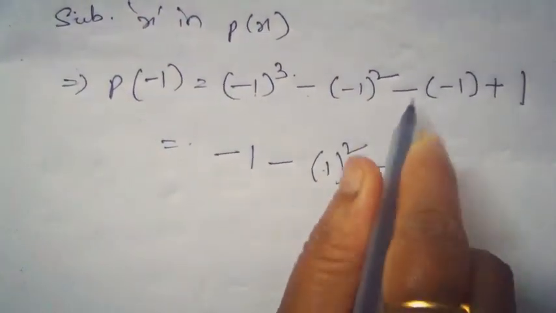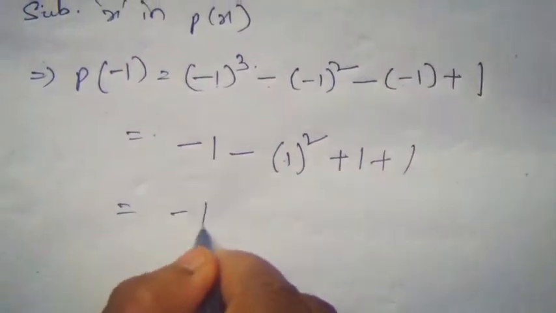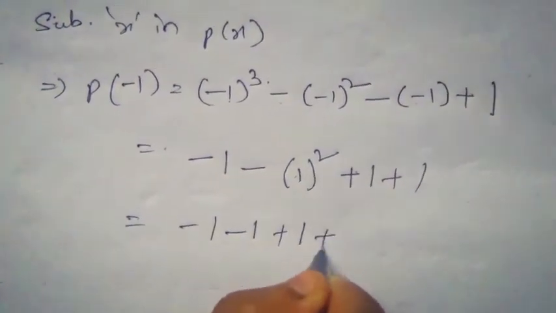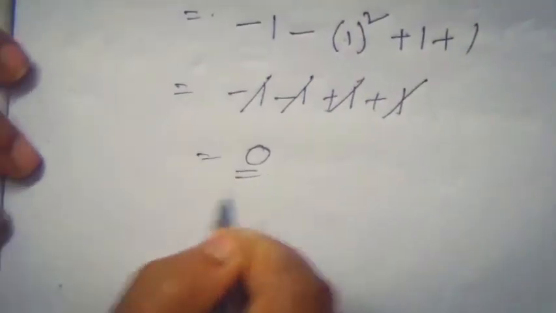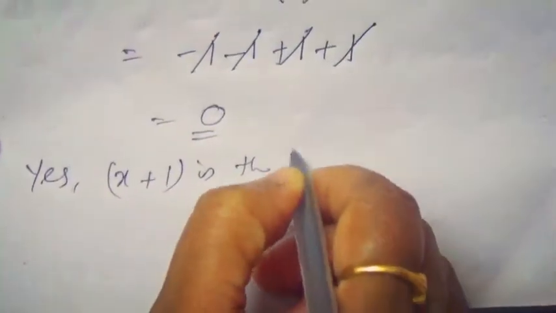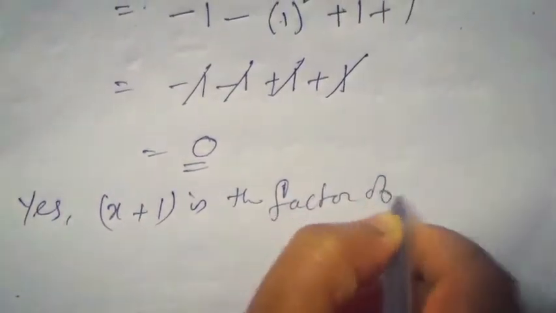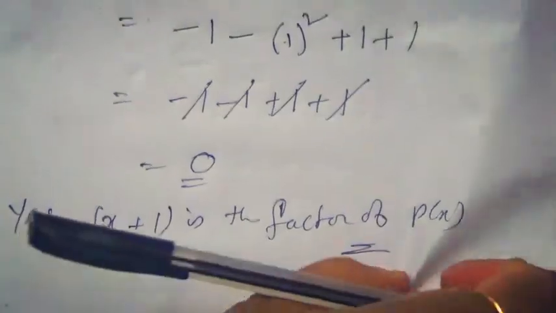Plus of minus becomes minus, so we get minus 1 minus 1 plus 1 plus 1. So these all cancel, hence it becomes 0. Yes, x plus 1 is a factor of p of x. Okay, the first one is yes, it is a factor.